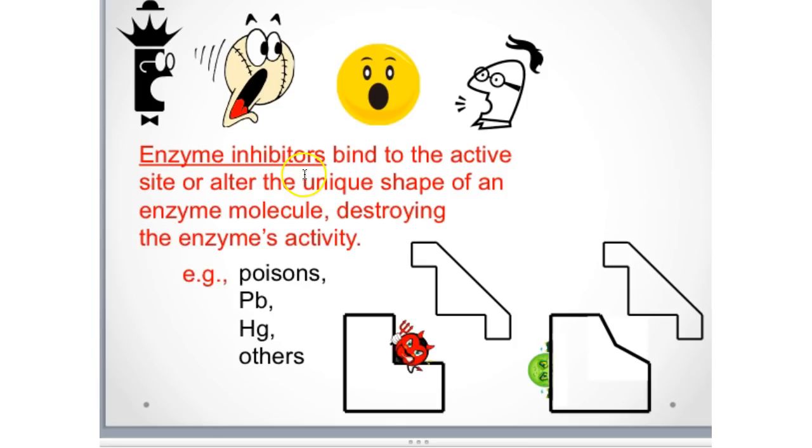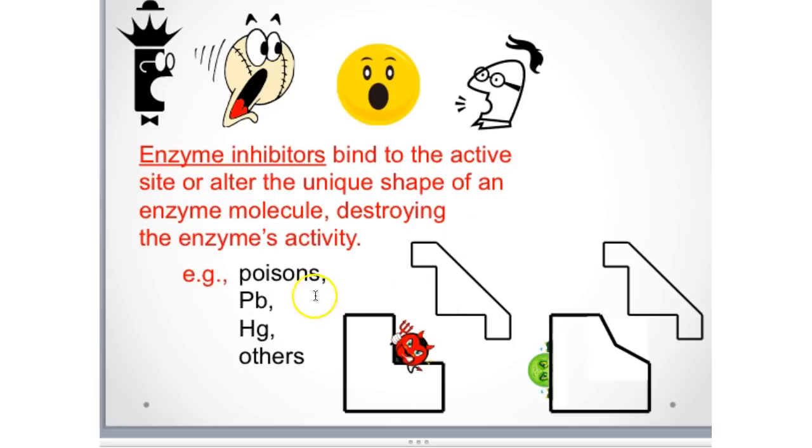And just like enzymes help form new stuff, there are something called enzyme inhibitors, and it's actually very important in medicine. So if you want something to stop working in your body, you need to have enzyme inhibitors, which basically bind to the active sites and prevent enzymes from triggering new reactions.